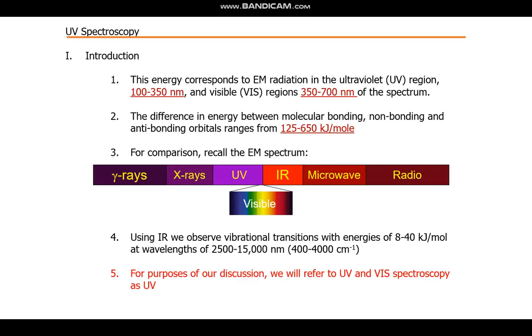When we talk about light spectrum, it consists of about 7 regions, starting from the gamma rays, which is at the minimum wavelength and maximum energy, and then we would move towards the radio waves. It has maximum wavelength and minimum energy in the whole light spectrum.